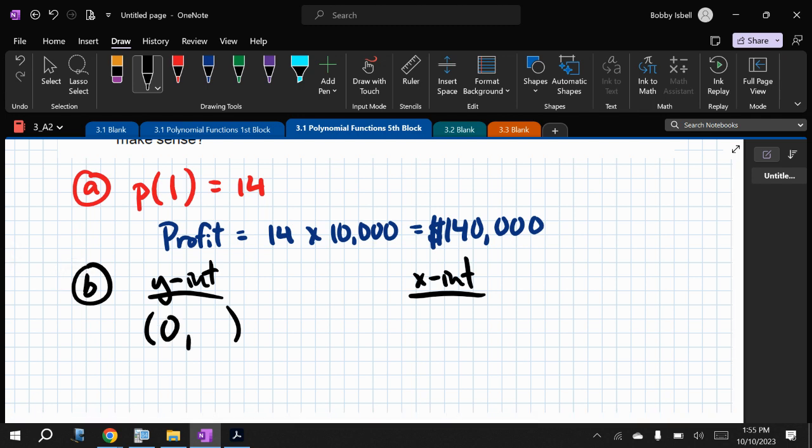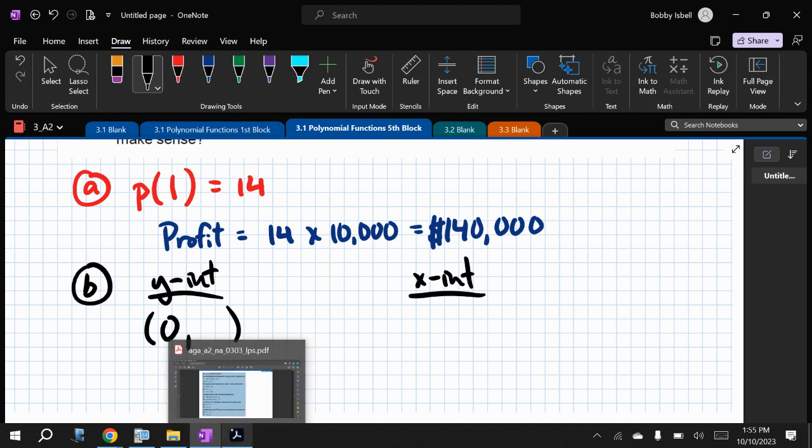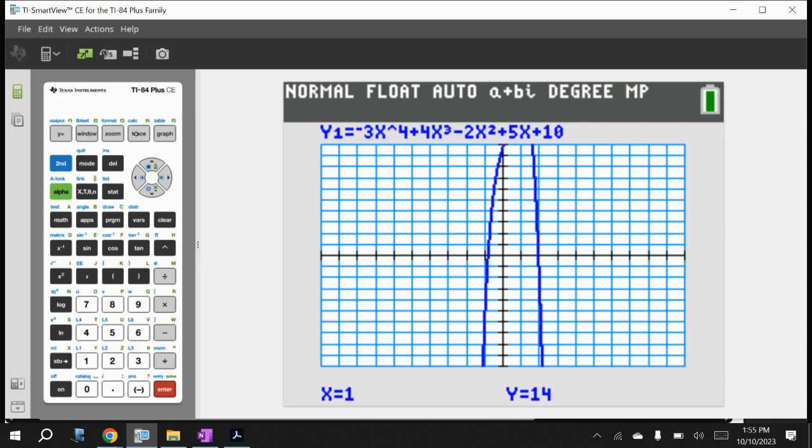So that means we're selling how many shoes? 0 shoes. Do we expect a profit if we don't sell any shoes? No. Okay. So that's the common sense part of this. So on my calculator, I'm going to hit trace 0, and I got a 10.